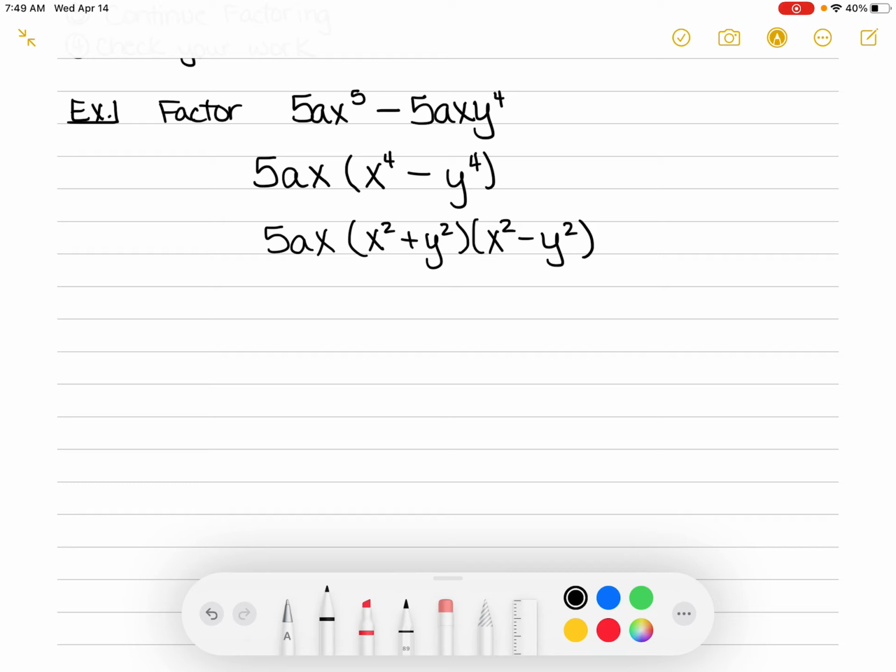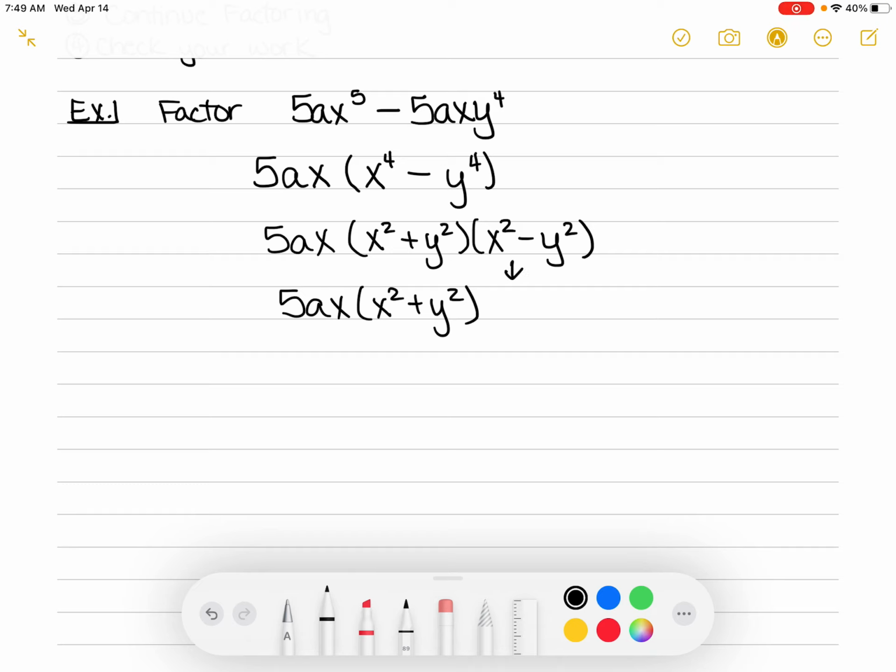Okay, so now here's the problem. And I'm going to look one more time, and I'm going to say, can I factor either one of these again? And yes, I can. This is a difference of squares again. So when I'm factoring, I'm going to leave that first one because it's not a difference of squares. Remember, you have to have a minus sign.